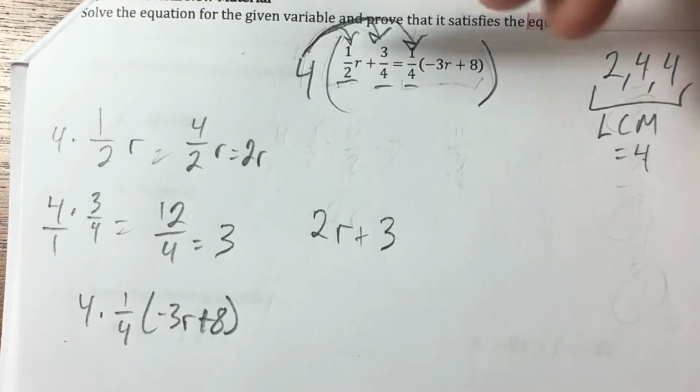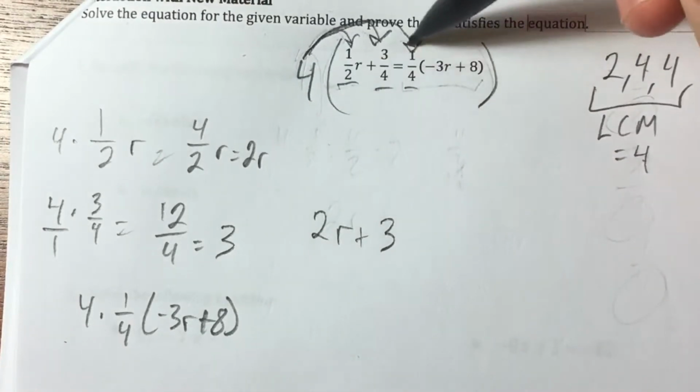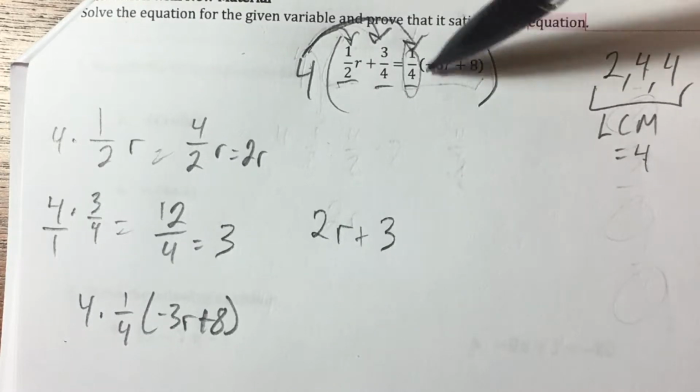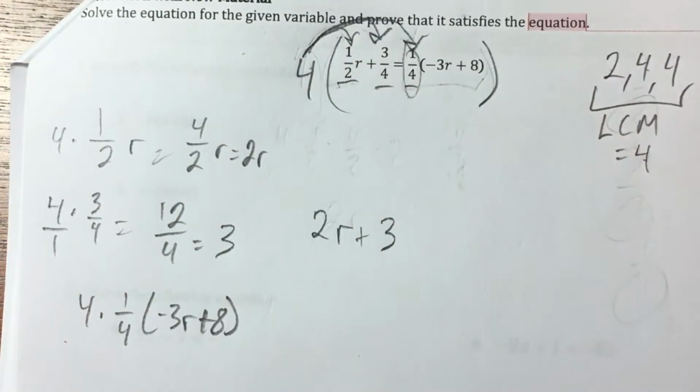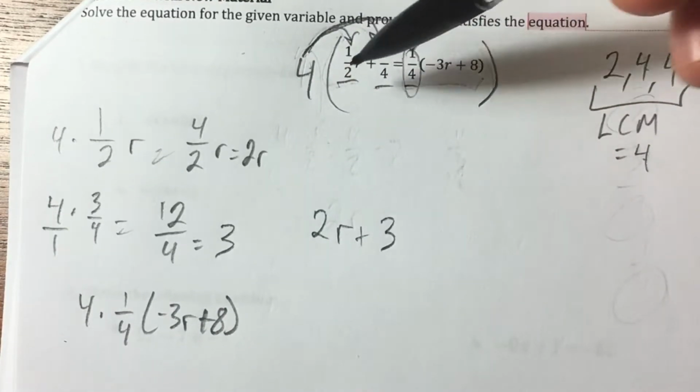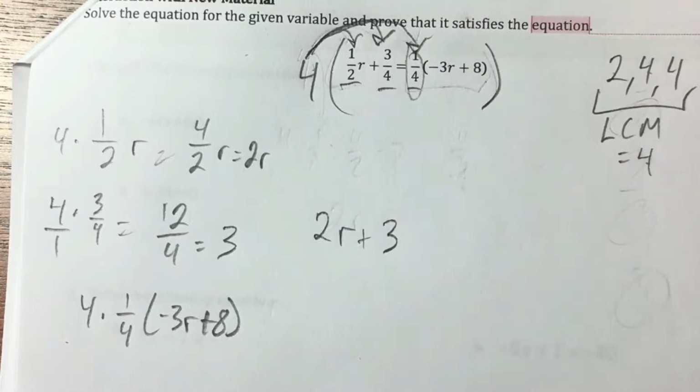The reason is because when I multiply this 4 times the 1/4, which is already being distributed to everything in the parentheses, this 4 itself will be distributed. So if I were to go 4 times 1/4, 4 times negative 3r, and 4 times positive 8, I would essentially be triple distributing.